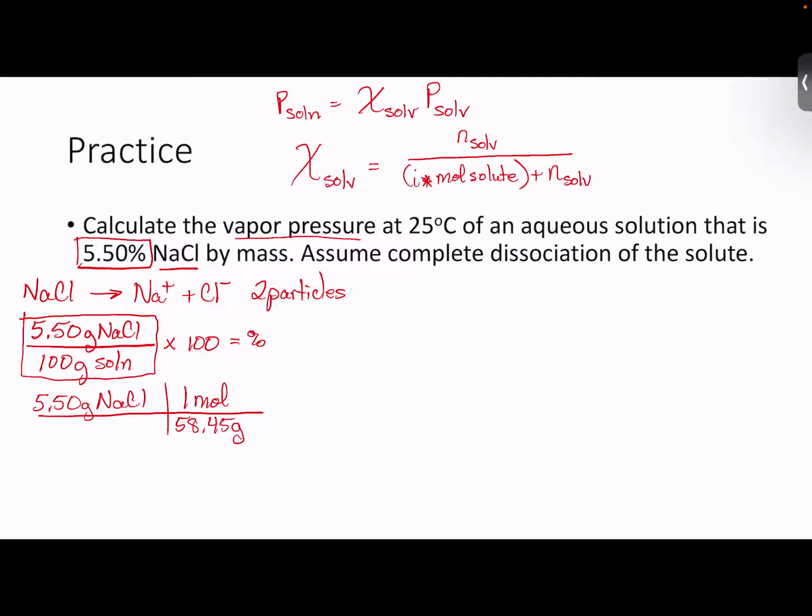I can convert that into moles of sodium chloride. And that is 0.0941 moles of sodium chloride.